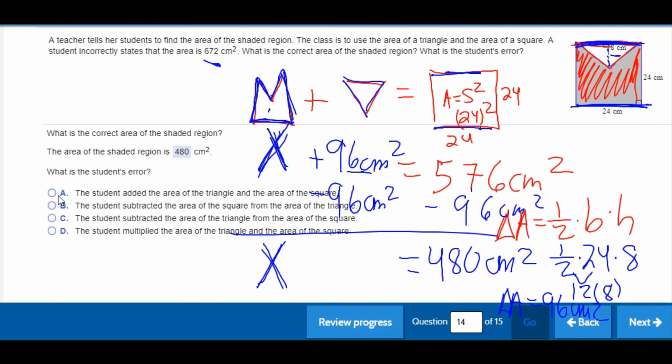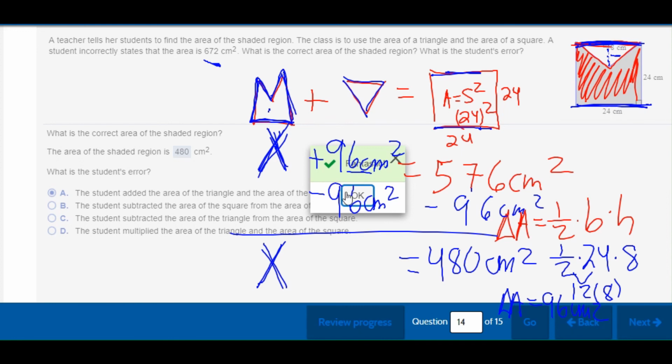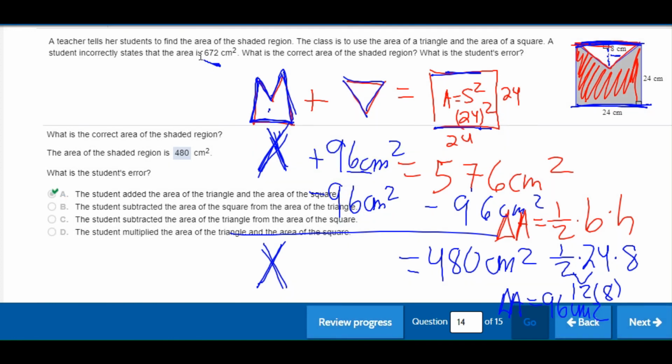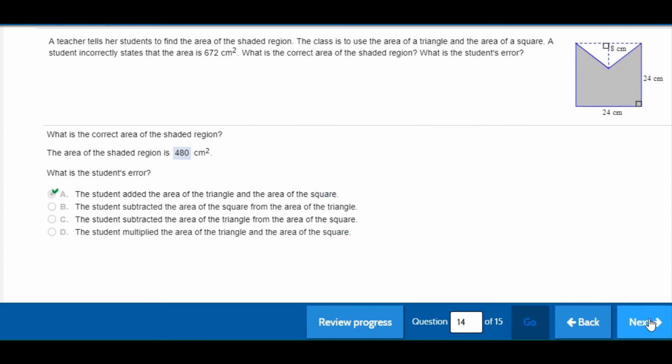So we cannot eliminate A. We actually have to pick A. And since the student error was greater than our answer of 480, we know that they didn't subtract, because that's what they were supposed to do. So we should automatically eliminate B and C. And then you should pick D or A because the answer that the student picked is larger than our answer, right? And let's move on to the last question.